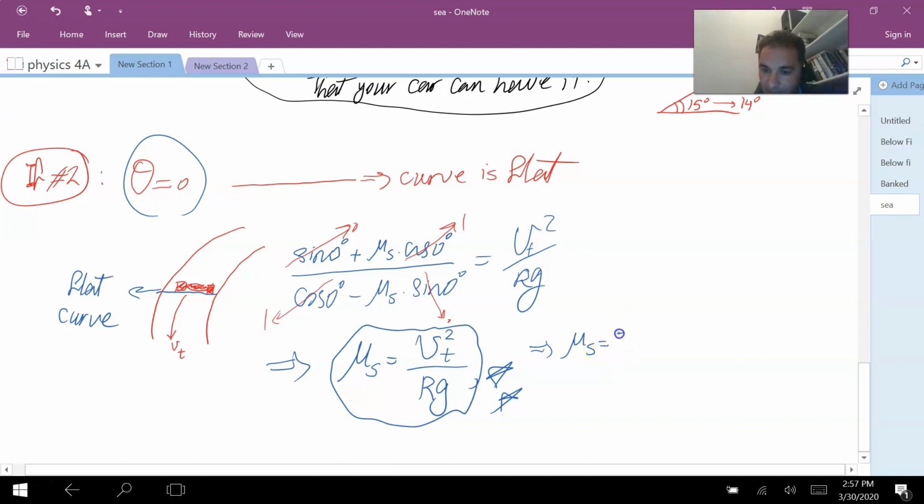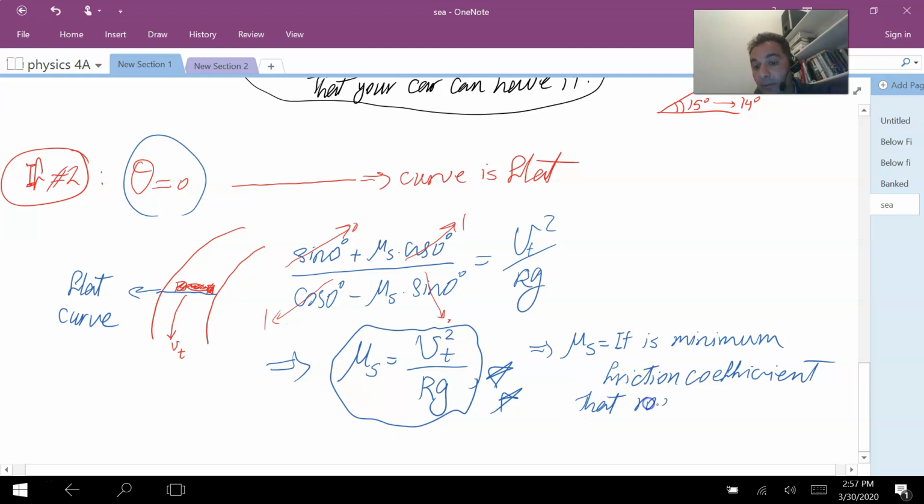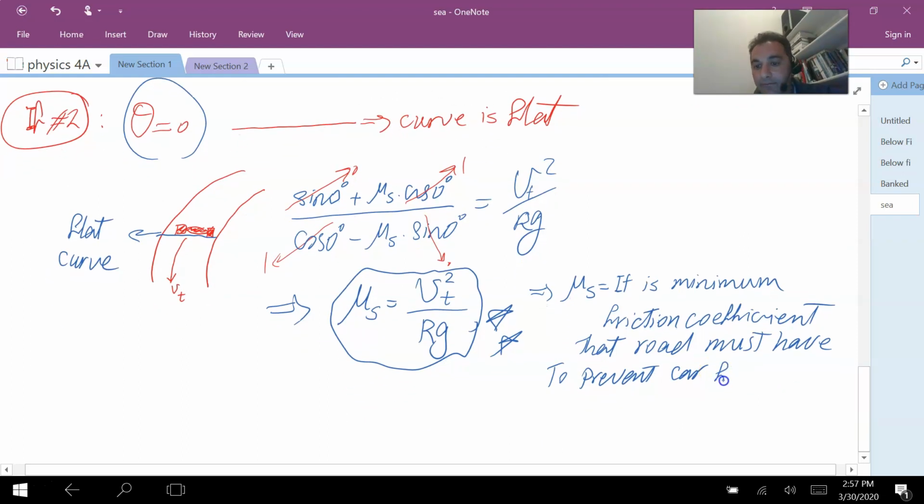I will say it is the minimum friction coefficient that the road at this time must have to prevent the car from sliding out.